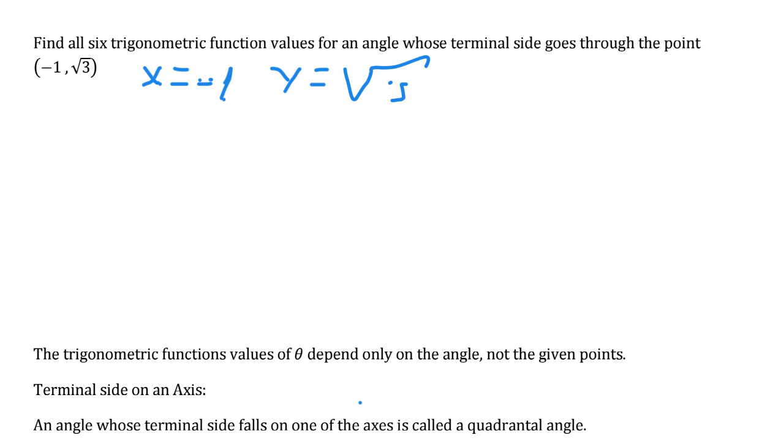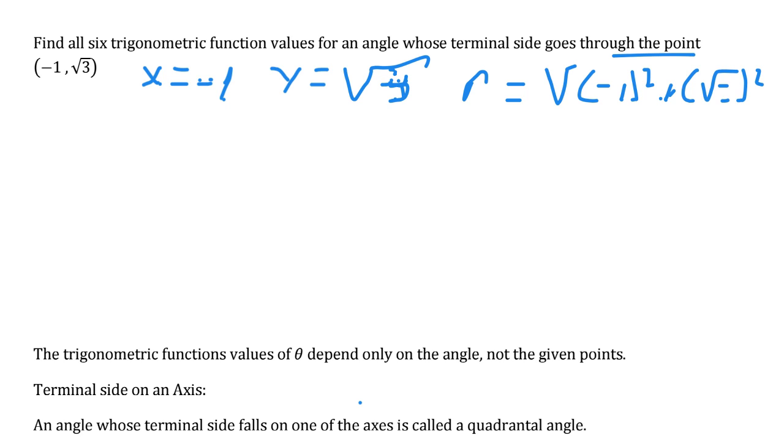Square root of 3. I just have to know that's a 3. I can't get any better. And r is going to be the square root of -1 squared plus square root of 3 squared. That gives me the square root of what here do we have? -1 squared is 1, and square root of 3 squared is 3, so square root of 4. So r equals 2.